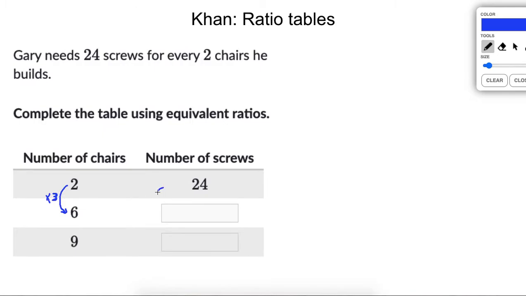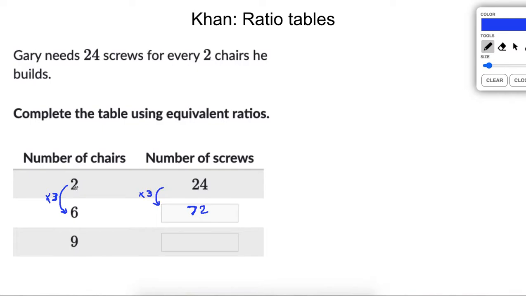So 24 times 3 will get us what goes there. 20 times 3 would be 60. 4 times 3 is 12. So 60 plus 12 would be 72. Okay, so that's what would go there.